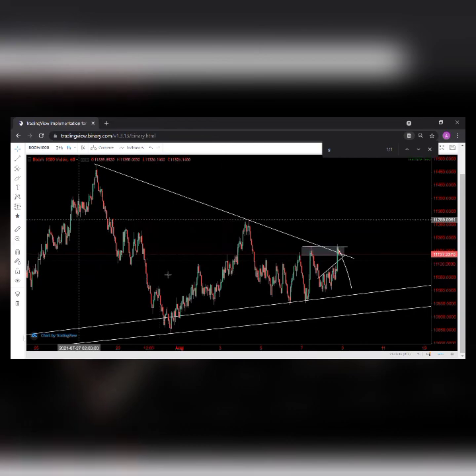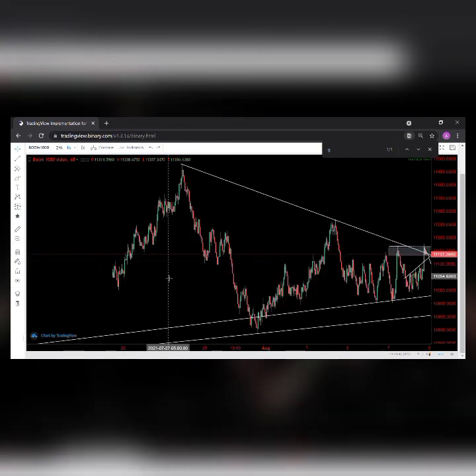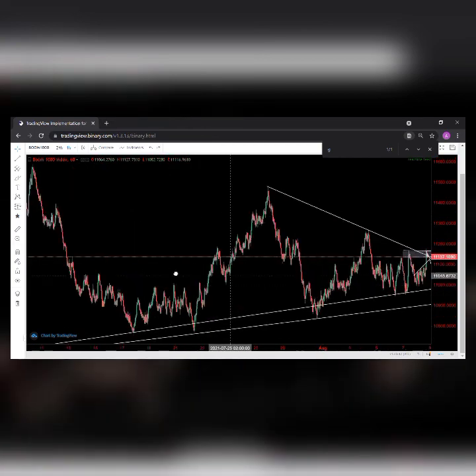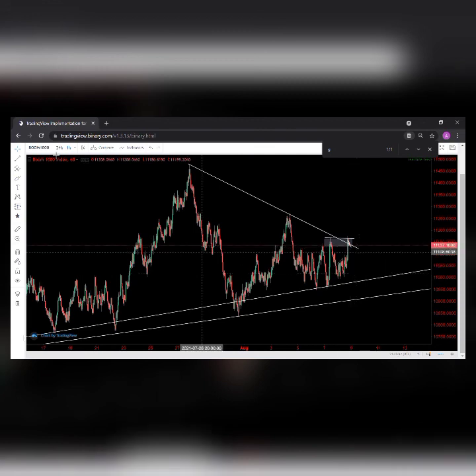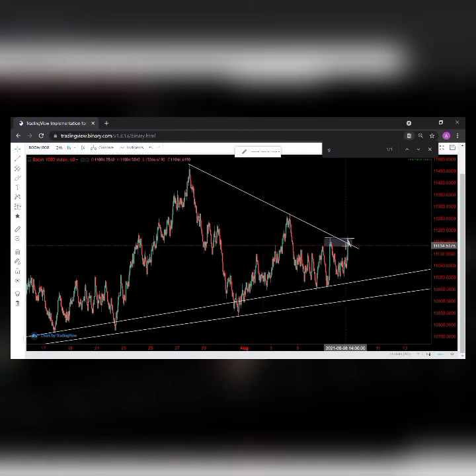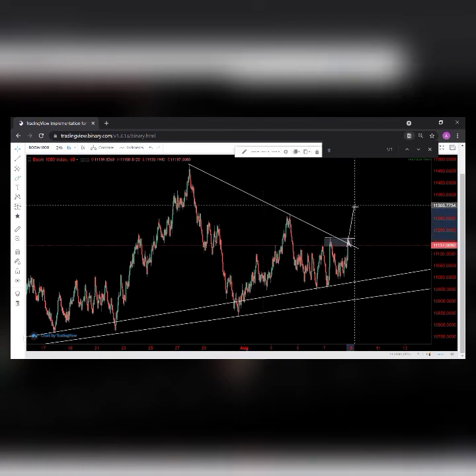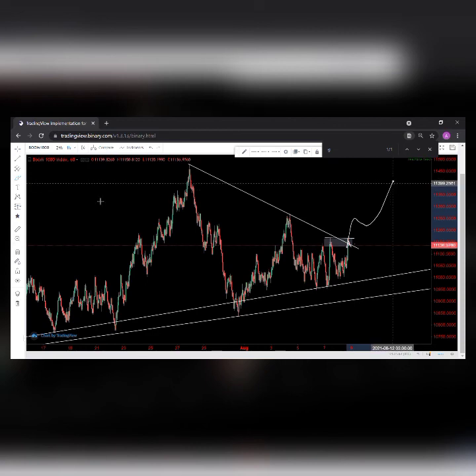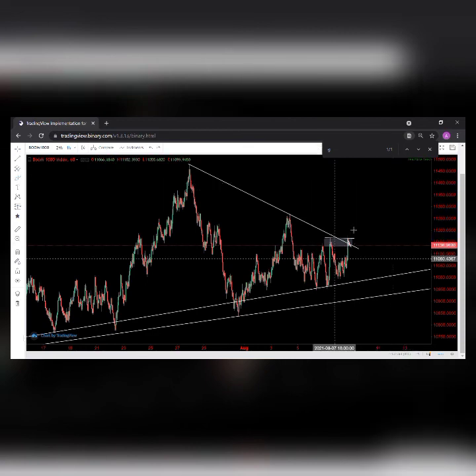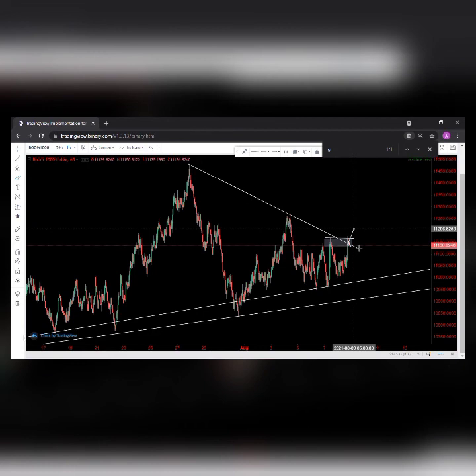So the best thing we're going to do now is to wait to see what price will do. We see if price will break above the trend line, retest it, and then go bullish.